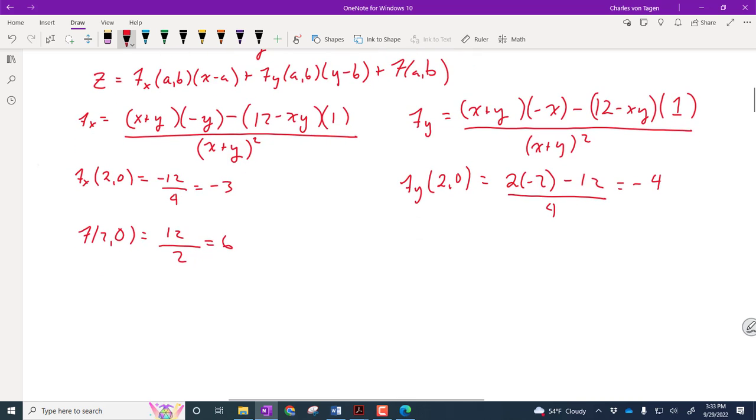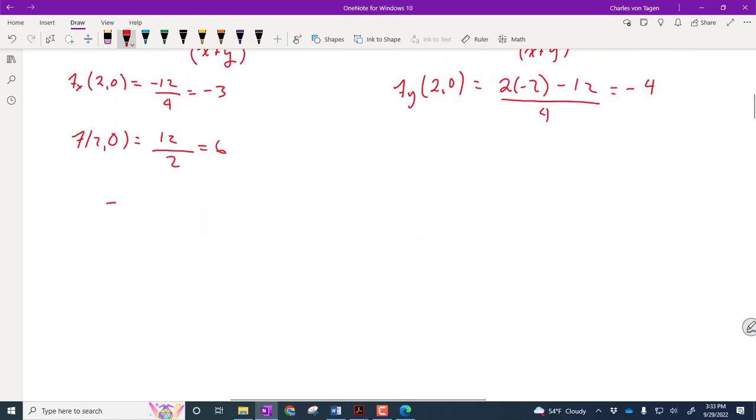So now if we just plug everything in, we end up with z is equal to minus 3 times (x minus 2), minus 4 times (y minus 0), plus 6. I'm not going to clean it up, we'll just park it here.